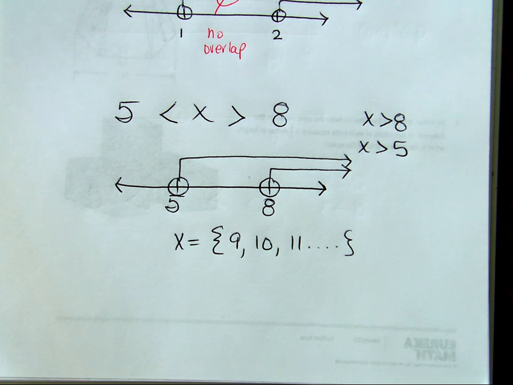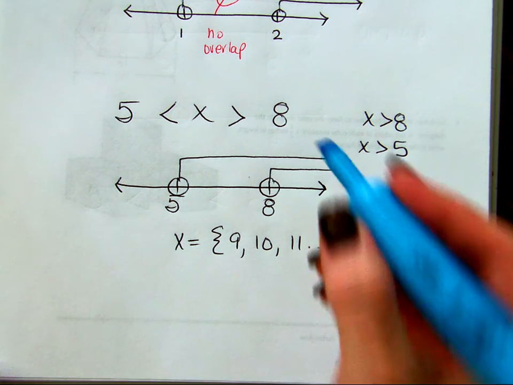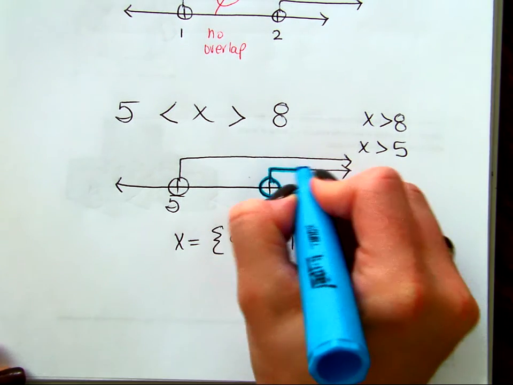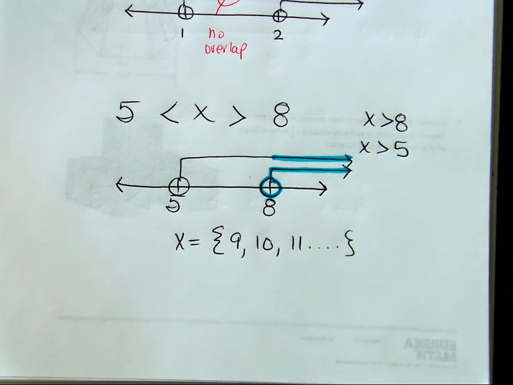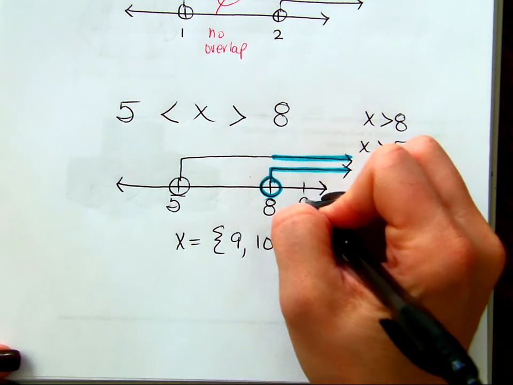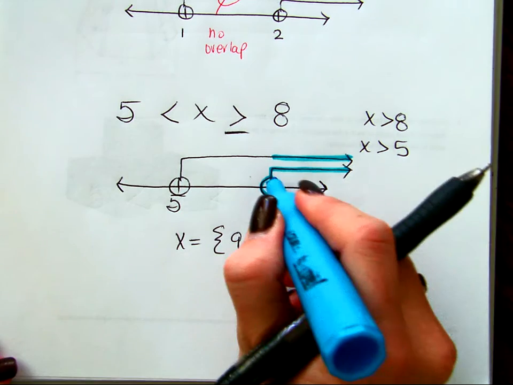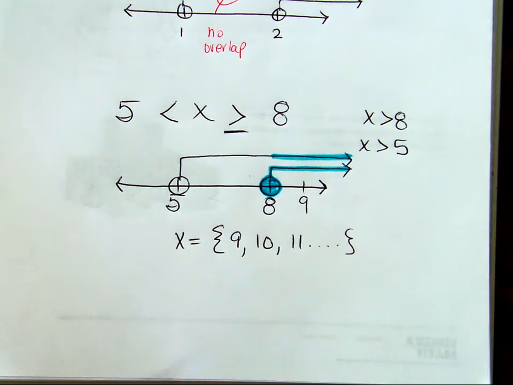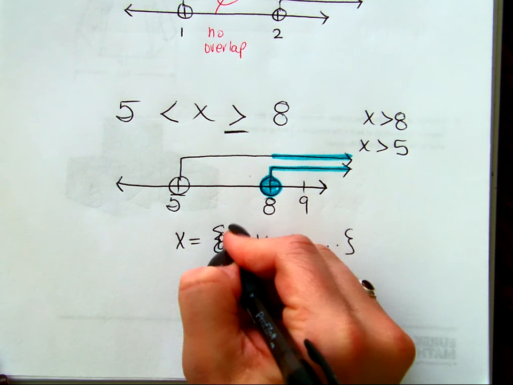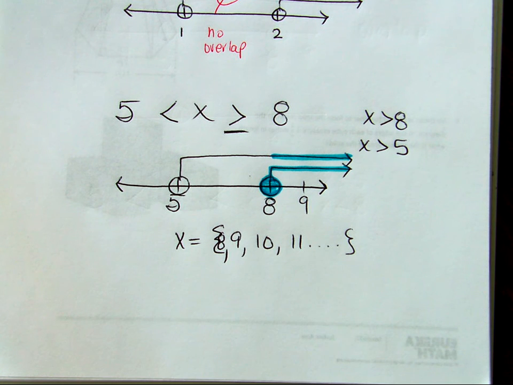Because where does the overlap start? At 9. If this were to be this line here, that would mean that the overlap actually started at 8, and 8 would be a part of your solution set then. Do you understand? Okay. So this is your and.